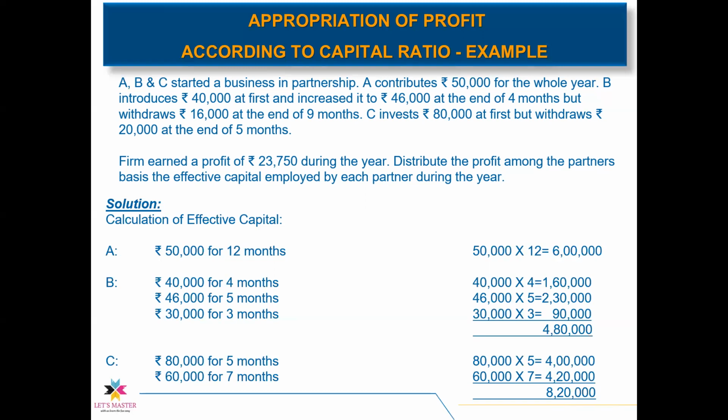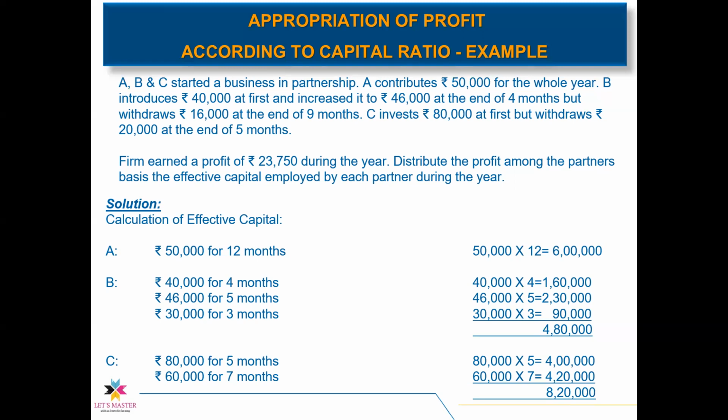Then the capital of B was increased to 46,000 and it remained at 46,000 for the next 5 months, because at the end of 9 months, he withdrew 16,000. So 46,000 was multiplied by 5, and for the rest of the 3 months of the accounting period, the capital employed by B in the firm was only 30,000. So we have multiplied 30,000 by 3.